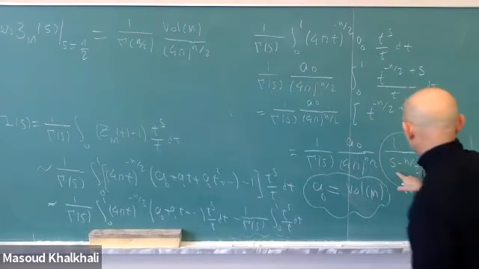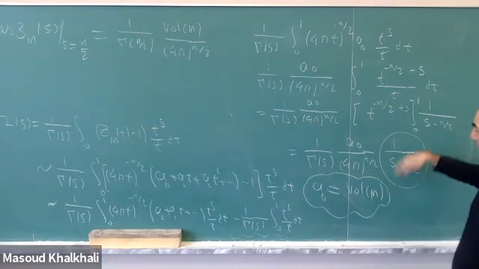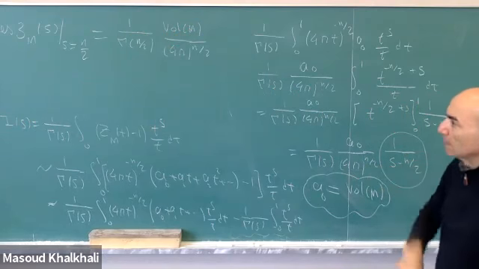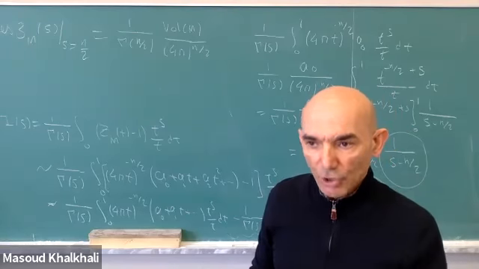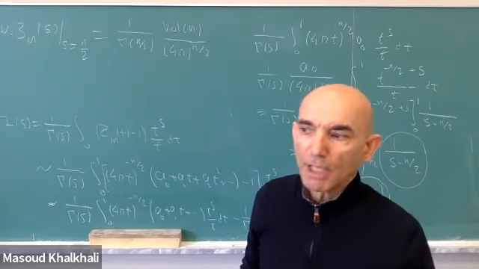Because the residue exactly sees this pole, takes it as 1, and that's it.